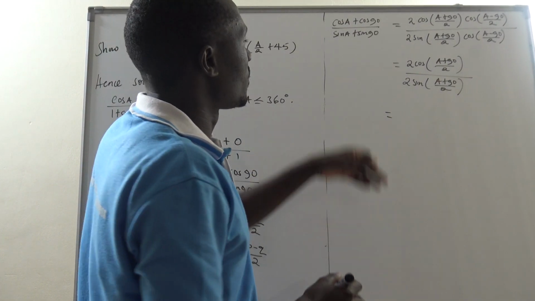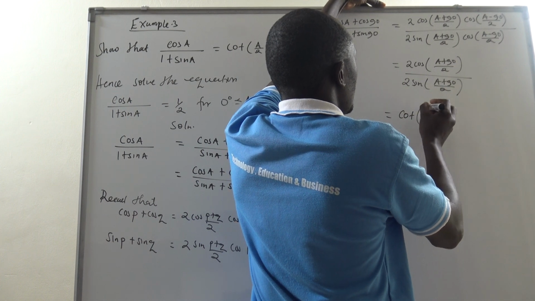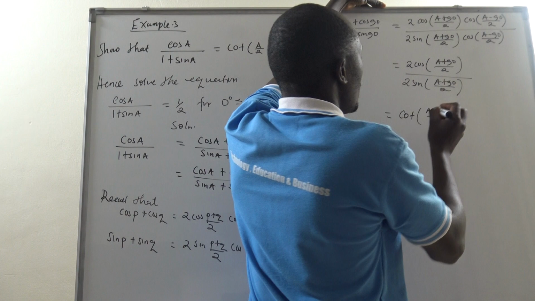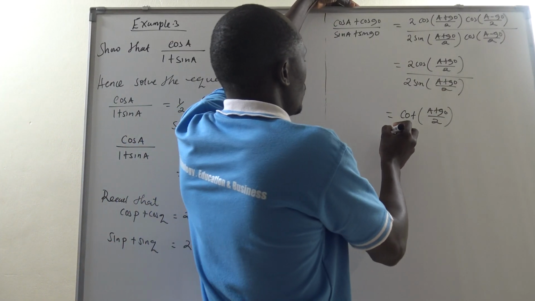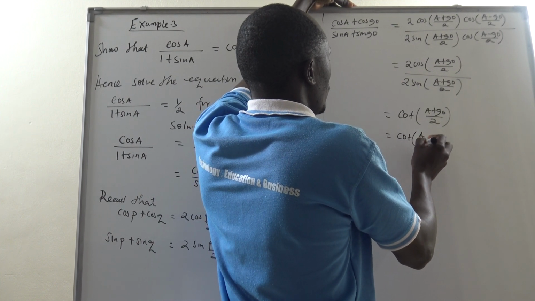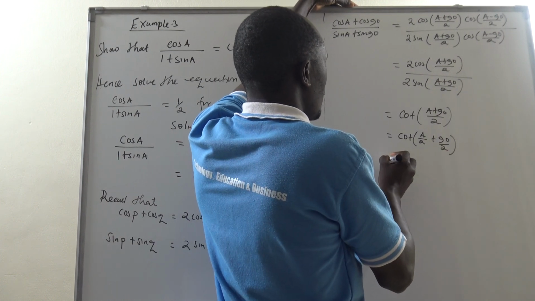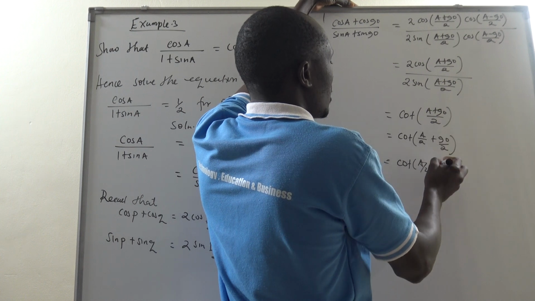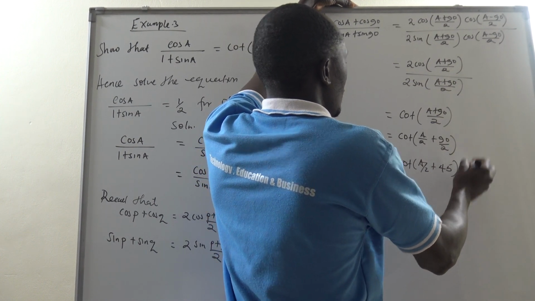We remain with cos over sine, which is cot of (A plus 90) by 2. Then 2 divides every number inside, so this becomes cot of (A by 2 plus 90 divided by 2), which is cot of (A by 2 plus 45) as required.